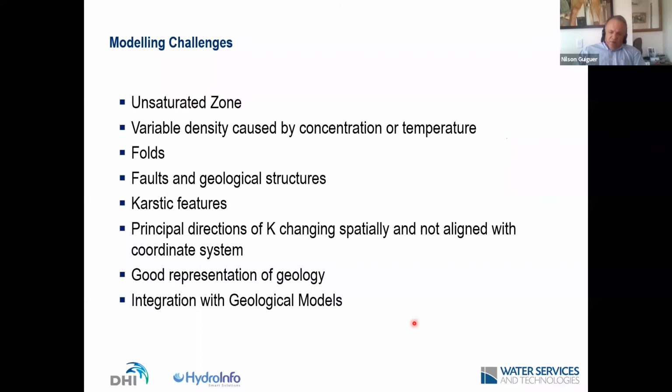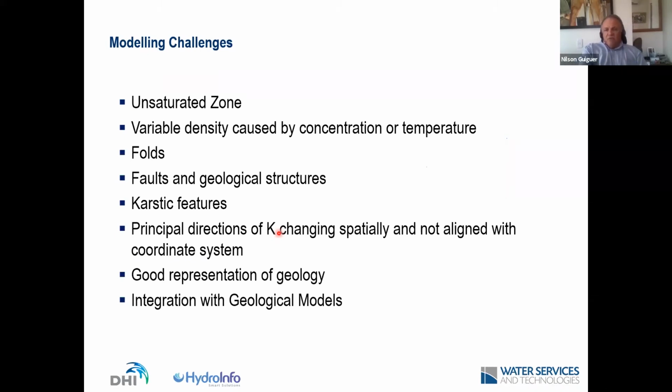So if you are worried about contaminant going from the surface, going down through the unsaturated zone in 3D and then reaching the water table and moving, that's a challenge. If you have variable density caused by either high concentration of some contaminant or salt water from sea, or by temperature changes. If you have highly folded areas where the principal directions can change spatially, so if you have a syncline, then you have different directions of the principal hydraulic conductivity.